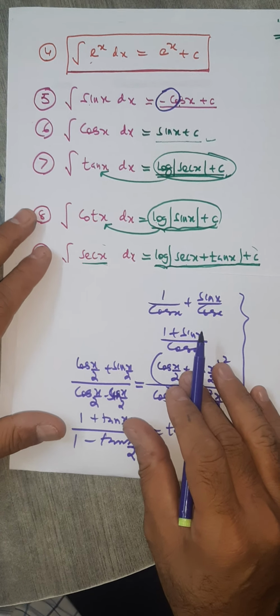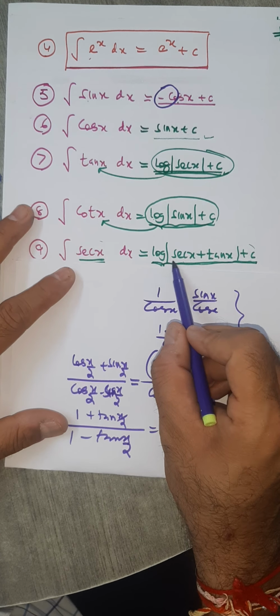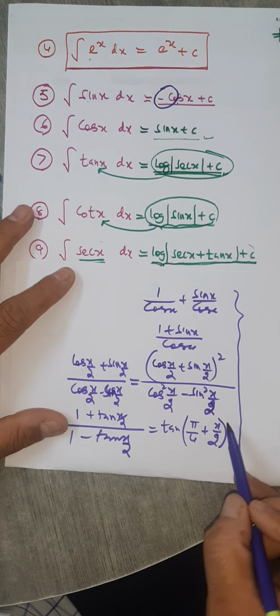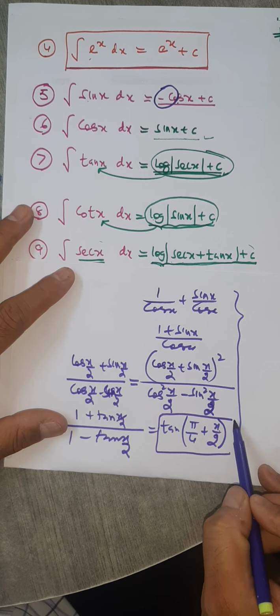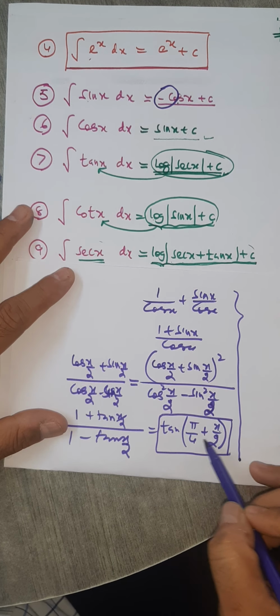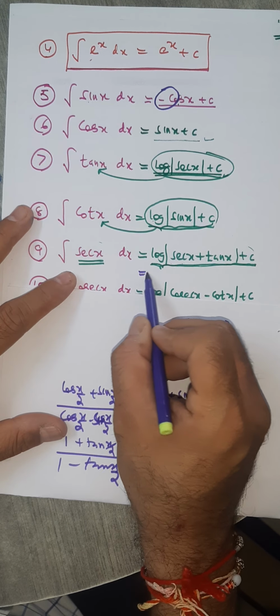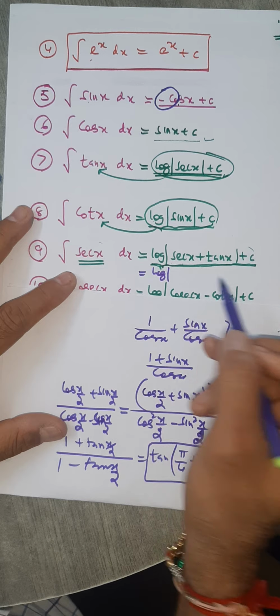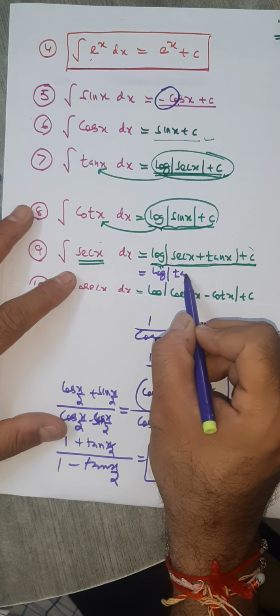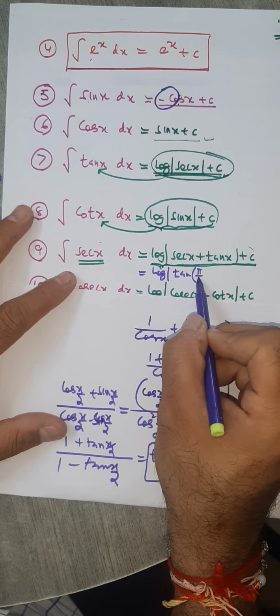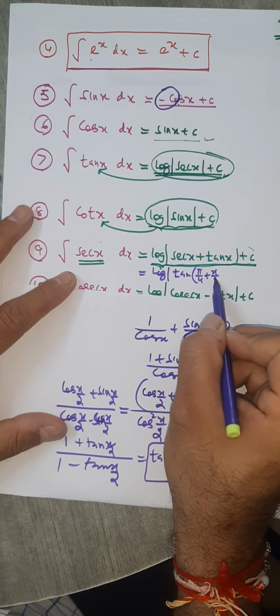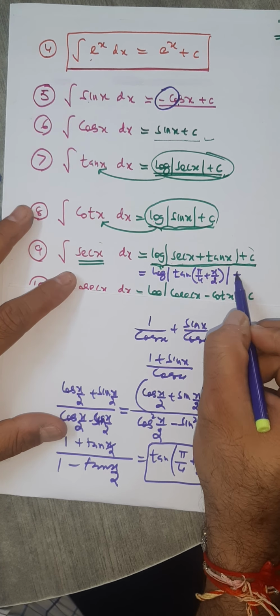So what I have derived is, in place of log of sec x plus tan x, you can write inside the modulus tan pi by 4 plus x by 2. So I'm writing here equals to log of mod of tan pi by 4 plus x by 2 plus c, right?